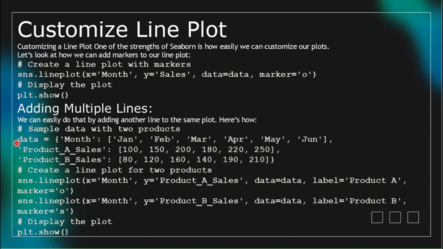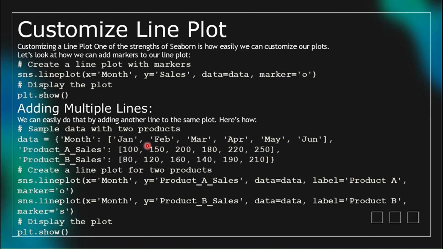So in this code, now we have two lines on the same graph, each representing the sales figures for product A and product B. We have used different markers, circles 'o' for product A and squares 's' for product B, so that the two lines are visually distinct. This kind of comparison is extremely useful in business or analytics to see how two different items, categories, or trends behave over time.